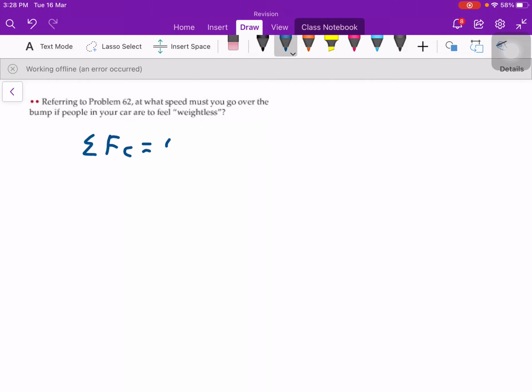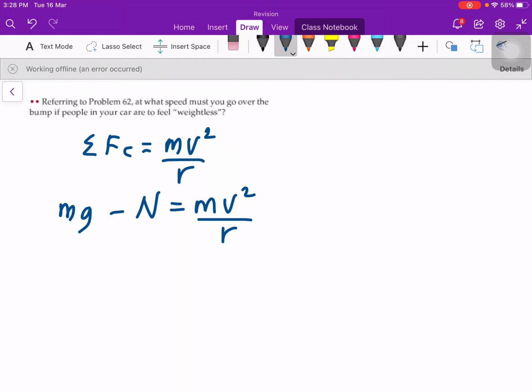So I just put the same here: FC equals mv square over r, and mg minus N equals mv square over r. To make it weightless, N should be equal to 0. Then we are left with this one, and I can eliminate m because we have m on both sides.